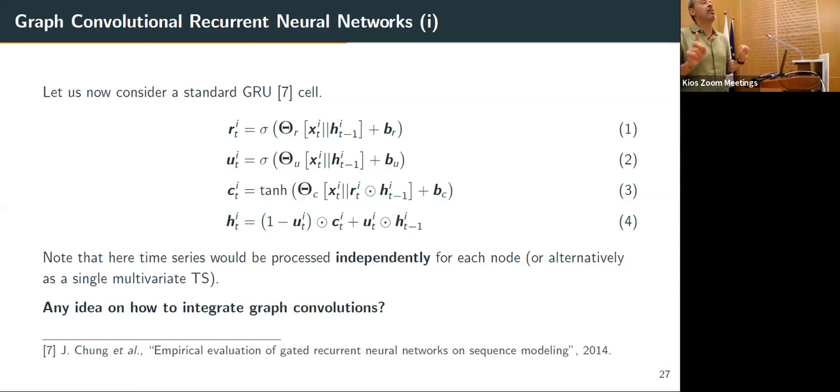So the new state is not only a linear, simple combination, a sum of what we have, but the gates are controlling them, so that if it is needed, you will discard all the dynamics.